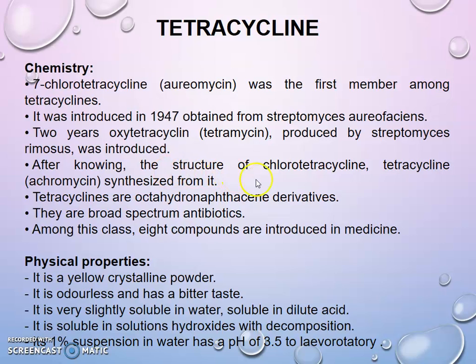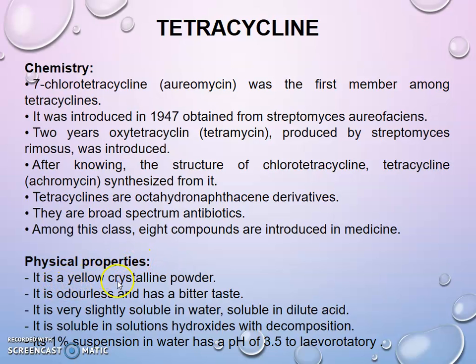After knowing the structure of chlorotetracycline, tetracycline was synthesized from it. Tetracyclines are octahydronaphthacene derivatives. They are broad spectrum antibiotics. Amongst this class, 8 compounds are introduced in medicine.